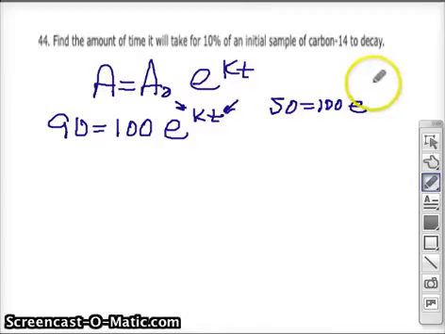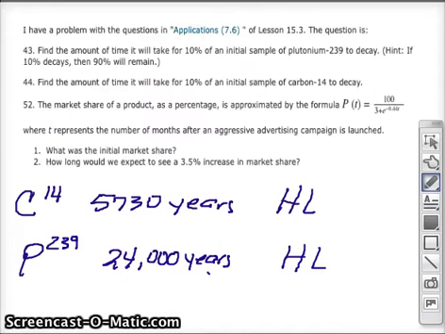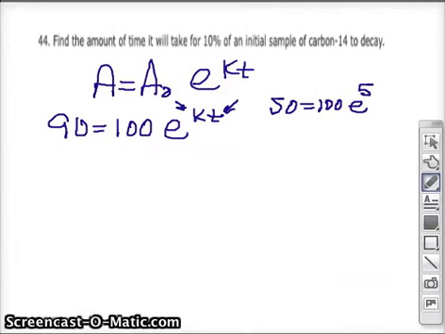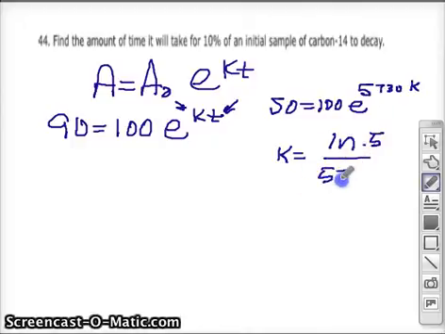And remember, it was, what was that number again? 5730. So to find k, I'm going to do the ln of 0.5 divided by 5730.